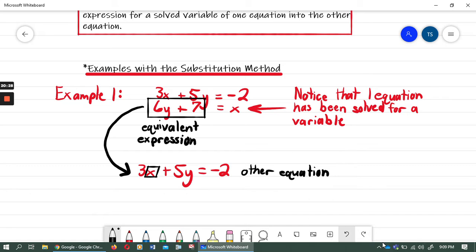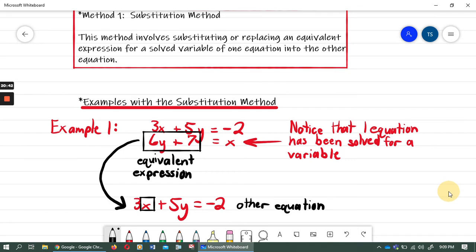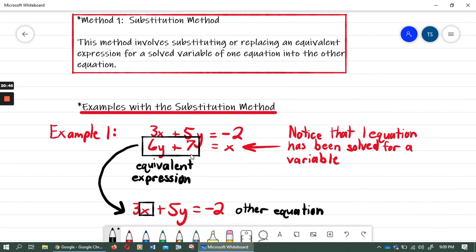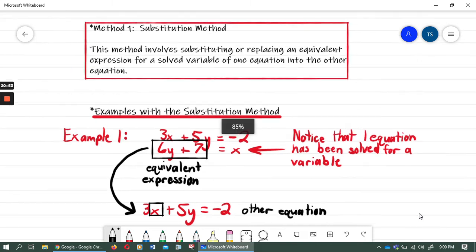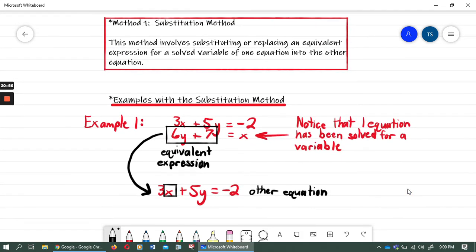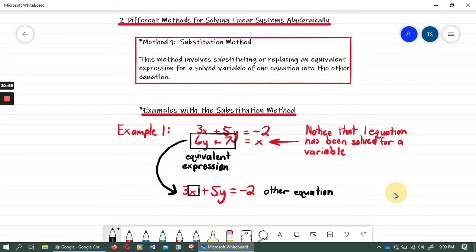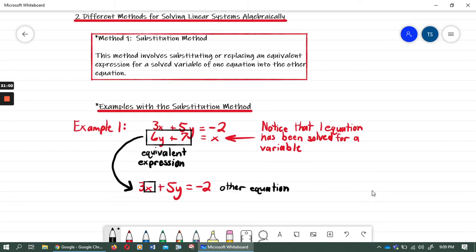I didn't want that to be a parallelogram, but that's okay. We'll see if we can get it to be a rectangle. There we go. That's a little bit better. So again, we need to substitute it for x, because that's what that expression is equivalent to. So in this other equation, we're going to replace x with that equivalent expression.